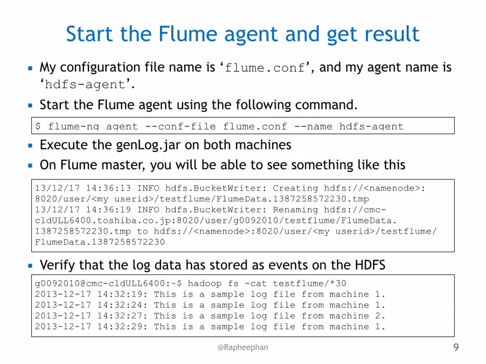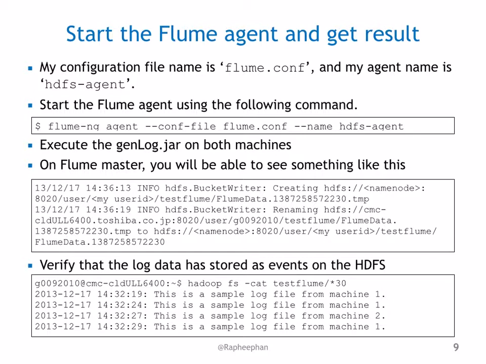After the Flume agent is up, you should see some messages saying the source, channel, and sink are starting, and then we can go back to the virtual machines and run the Java application that we created. I set machine 1 to create the log data every 5 seconds and machine 2 to create the log data every 10 seconds.